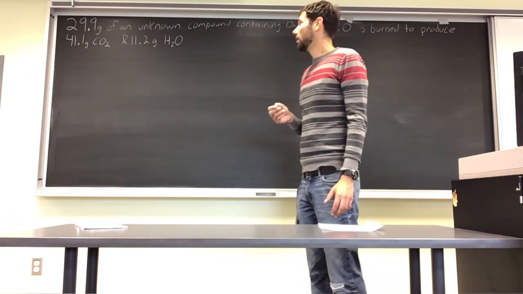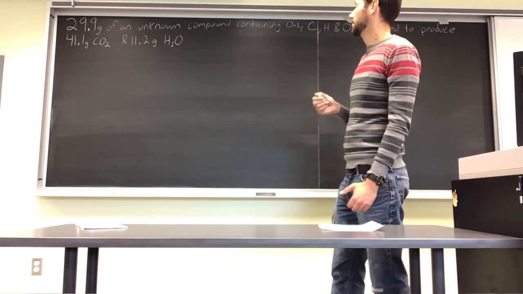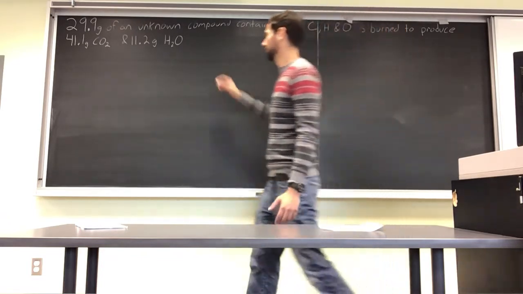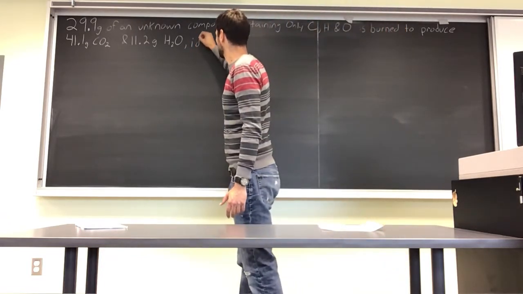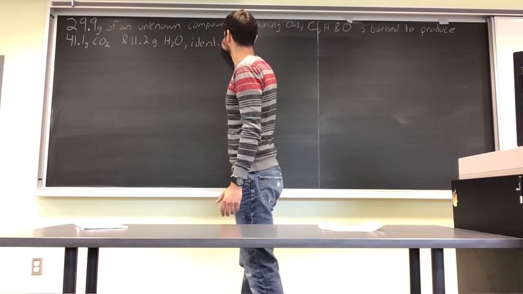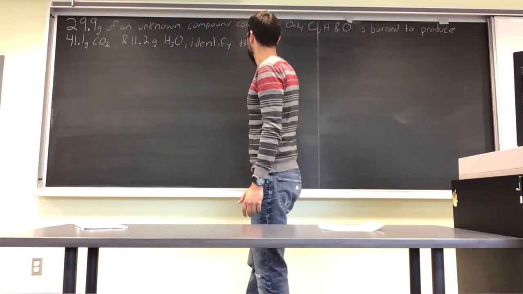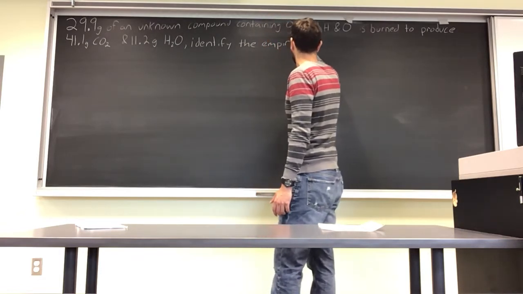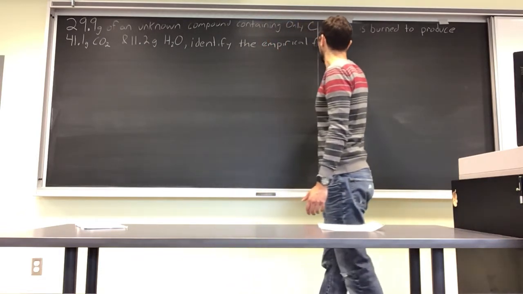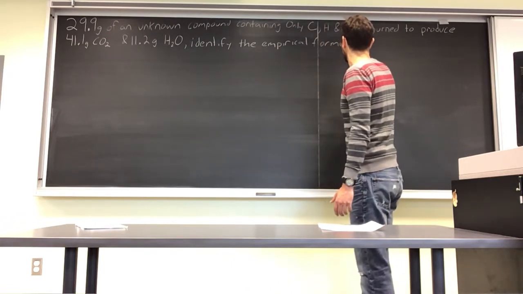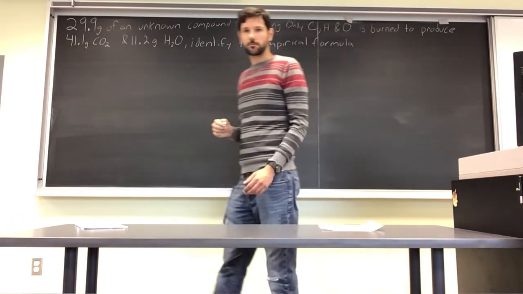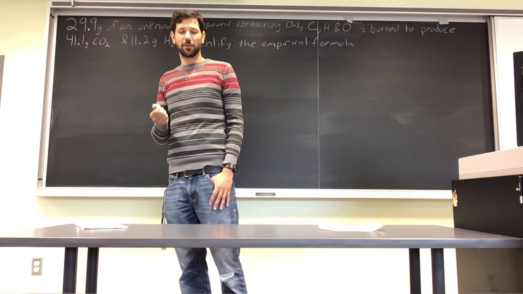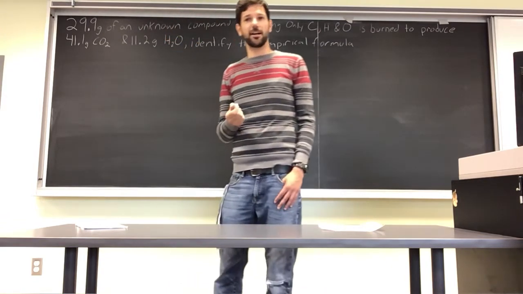So what the question is asking us to do is to identify the empirical formula. And if you've seen this question before, I think it's question 3.64 to 3.68 on Top Hat.